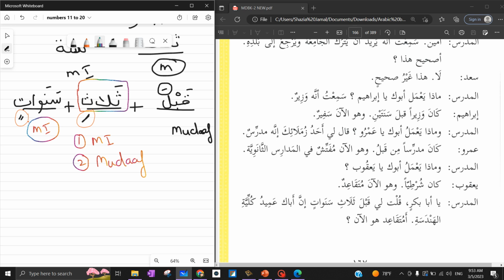And we know in Arabic there are two types of idafa construction: one is marifa construction, the other is nakira construction. How do you recognize which is marifa and which is nakira? The marifa construction will have an al attached to the last noun. Like if I say qabla as-sanawati, I will make this a marifa construction.